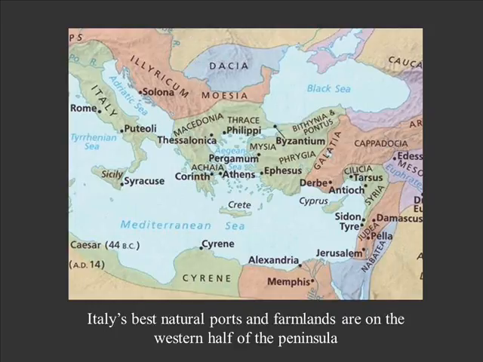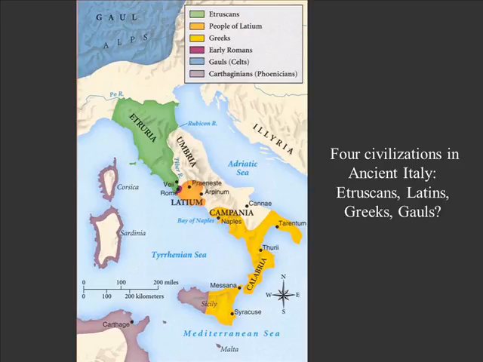So some of these civilizations can develop for a little while without being invaded by the Greeks, for a few hundred years. And there will be 4 different major civilizations that pop up in Italy. And they will fight each other pretty dramatically for a long time.